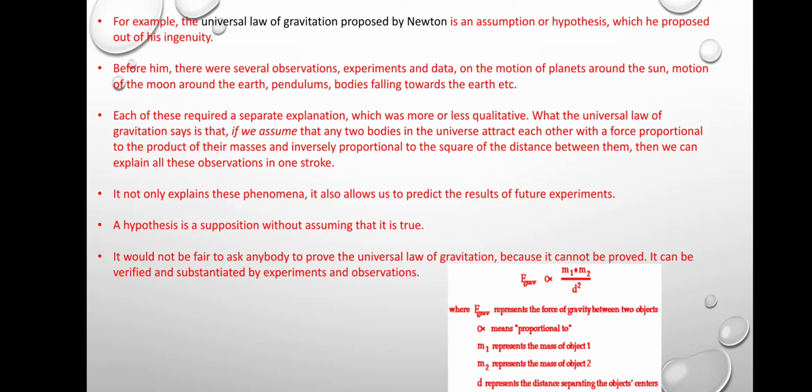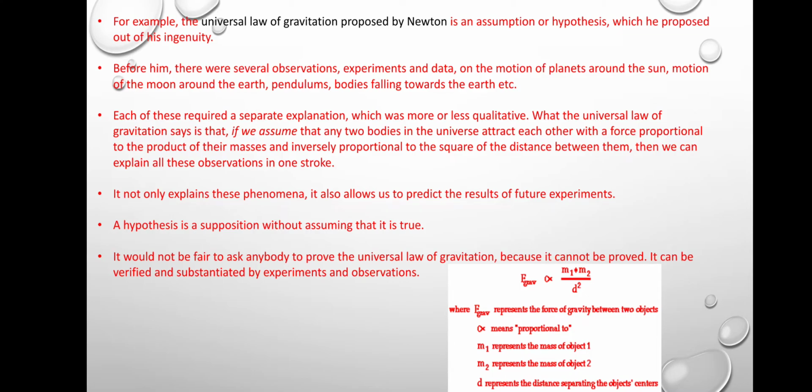Okay, before Newton's law of gravitation came into the picture, there were previous theories. Each of these required a separate explanation which was more or less qualitative. Okay, qualitative means there was still no mathematical formula there. It was just an intelligence aspect, right? Just the thinking process was there.